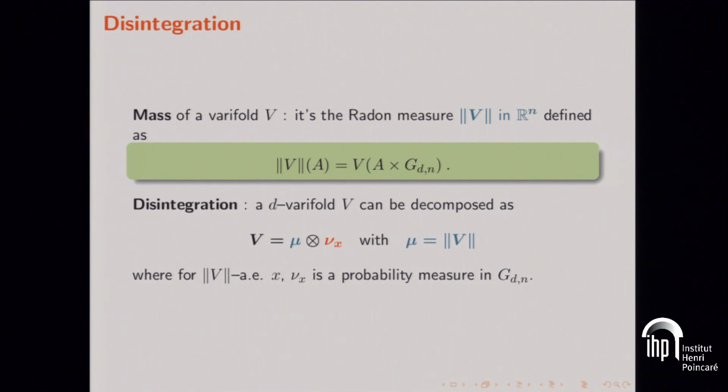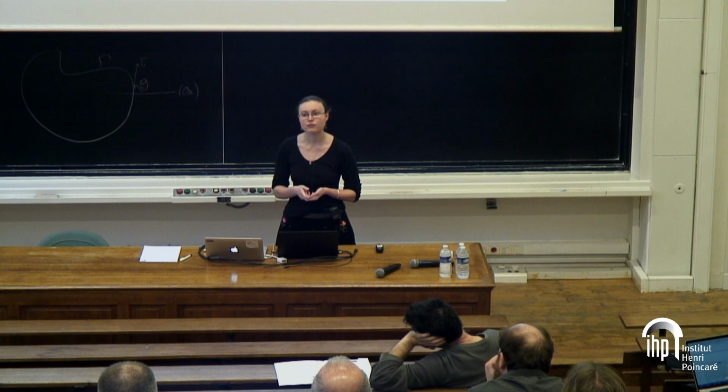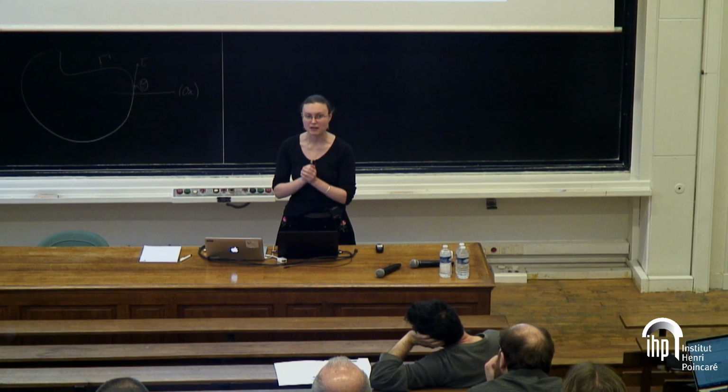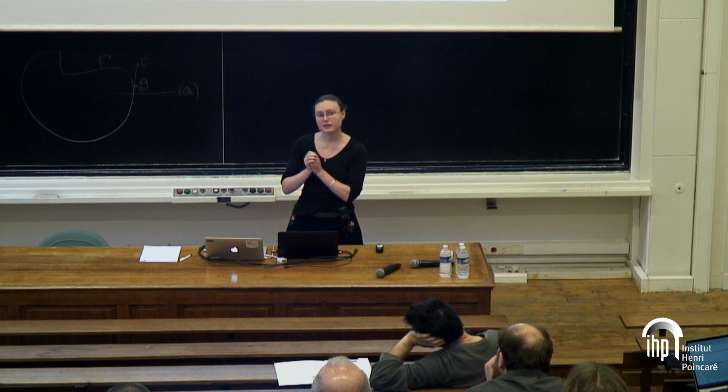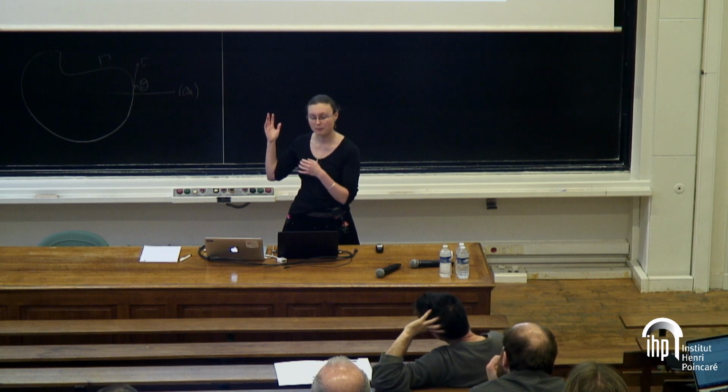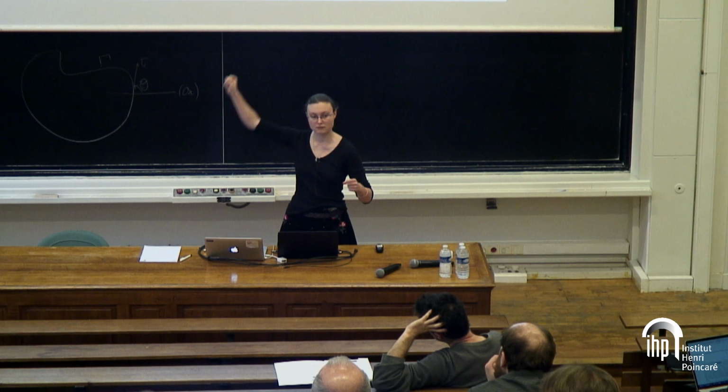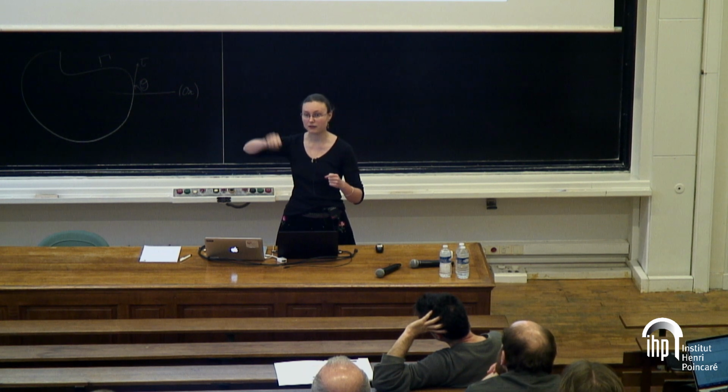And so maybe to summarize, a d-varifold, either a Radon measure on Rn times the Grassmannian, or a continuous linear form on continuous functions on Rn times the Grassmannian, you can always see such an object as a measure just in Rn, in the space.